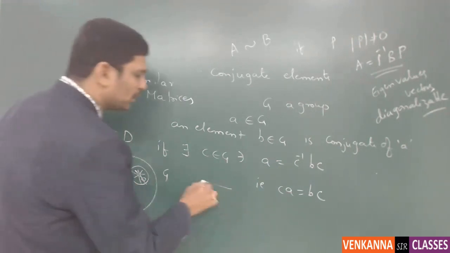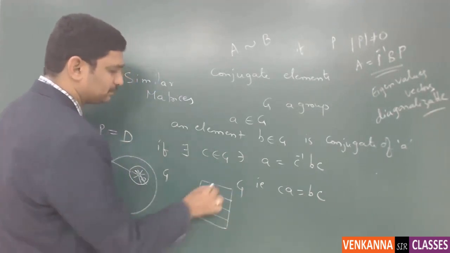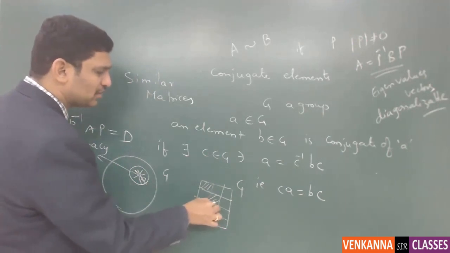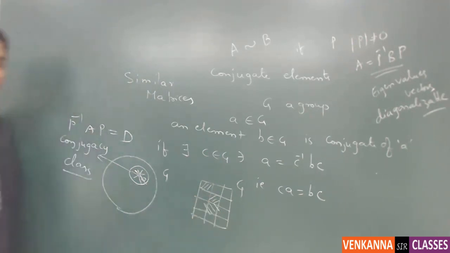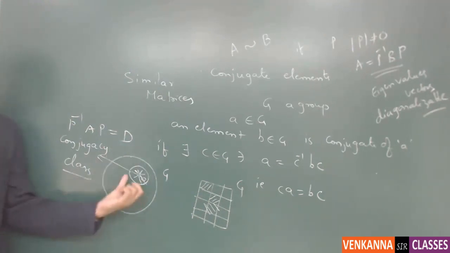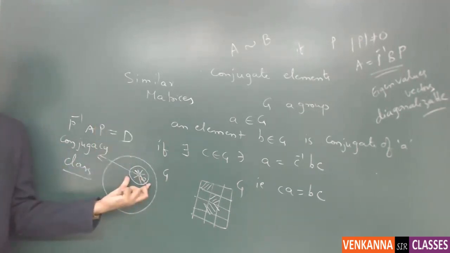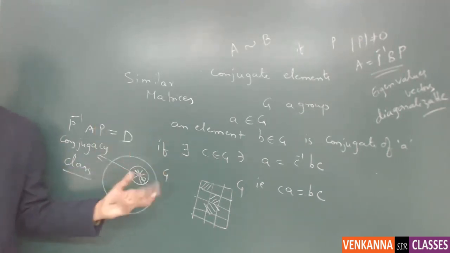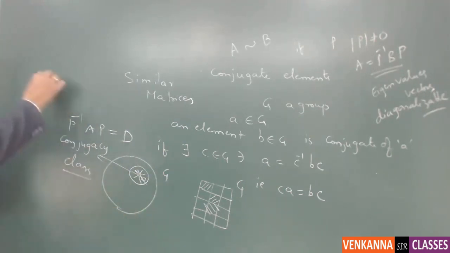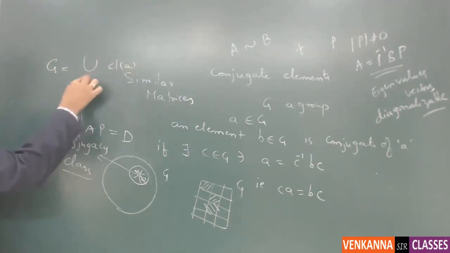So the whole group G is partitioned. This is a conjugacy class, this is a conjugacy class, this is a conjugacy class, etc. So in a simple manner, in the group G, you are pairing those elements which are conjugate to a fixed value. You can just call it a neighborhood in regular words for understanding. So G is nothing but the union of conjugacy classes.